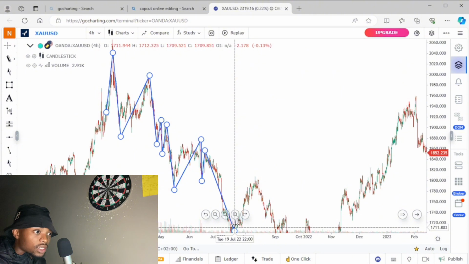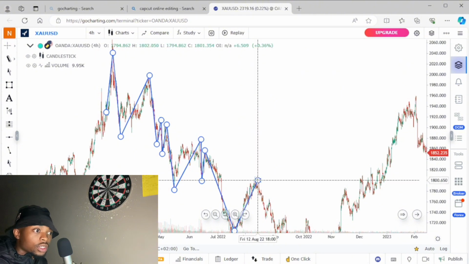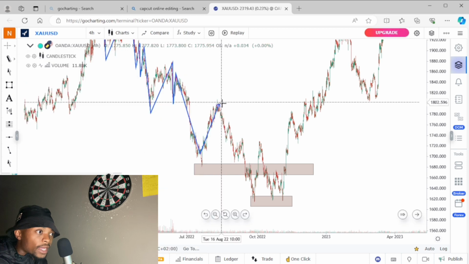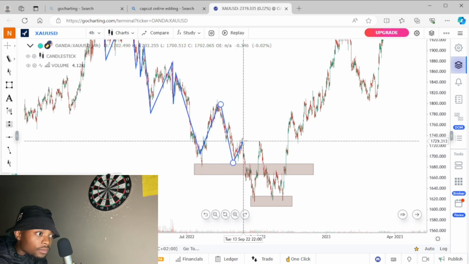I like how messy this is because it goes to show how imperfect the patterns will look in real time, right? As long as you understand how to spot a downtrend or an uptrend.